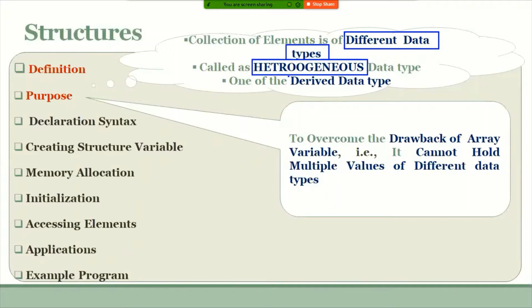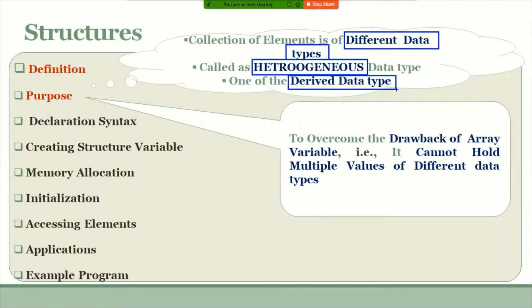Why is it called derived data type? We'll see. Collection of elements. Those elements may be one element is character, another element is integer, some other element is floating point type. What are all these types? Character, integer, float. These are all primary data types, also called as basic or fundamental data types. So structure means a collection of elements, maybe integer, character, float.